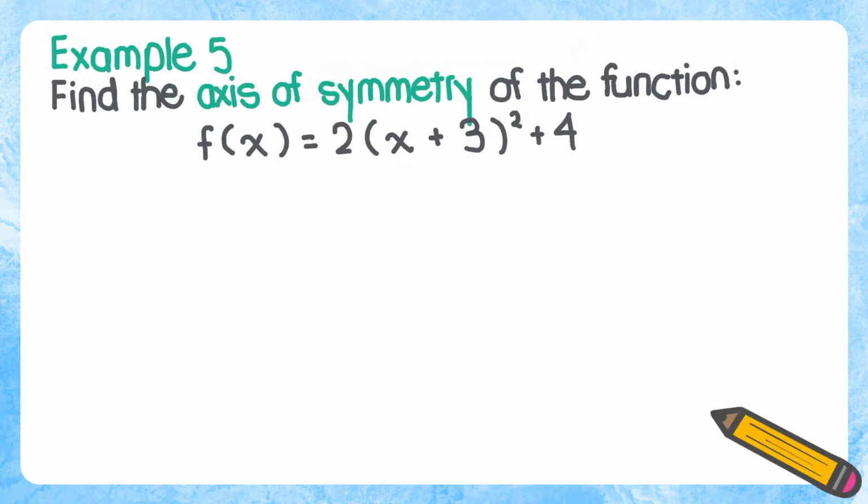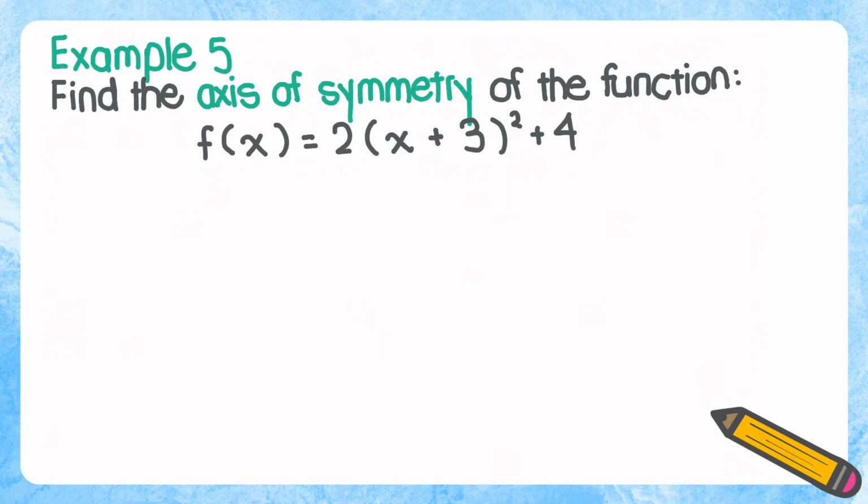For example 5, we will find the axis of symmetry of the function f of x equals 2 times x plus 3 quantity squared plus 4.